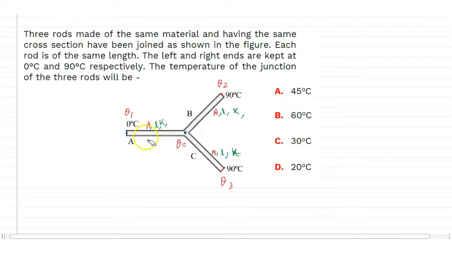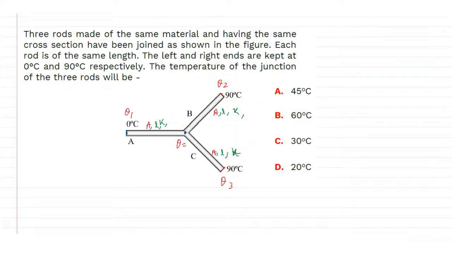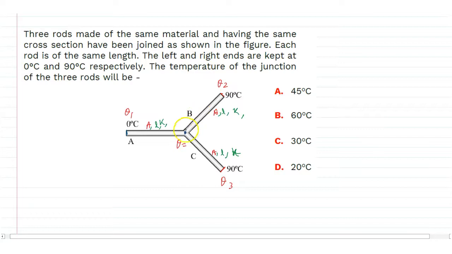Here the material conductivity K and area A are the same for all. If you don't understand along which direction heat will flow, no need to understand that.